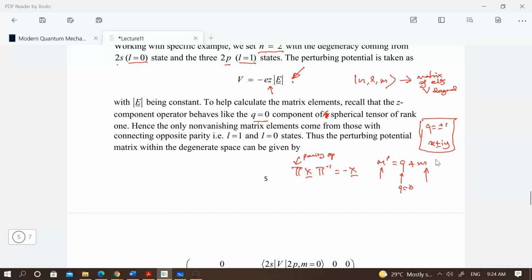So the only states that come into play in the matrix elements are those where the state |l m> has definite parity, which is minus 1 to the l.